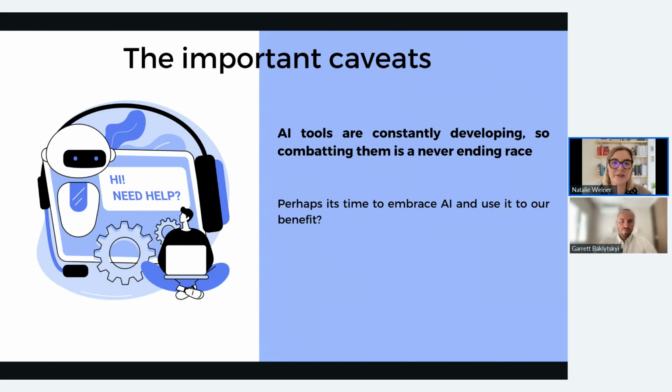And that is why we think that AI should be embraced rather than battled. And now Garrett will guide you through our academic integrity kit and also give you some insights into how to make friends with AI. So Garrett, the floor is yours, and you guys, thank you for attention.